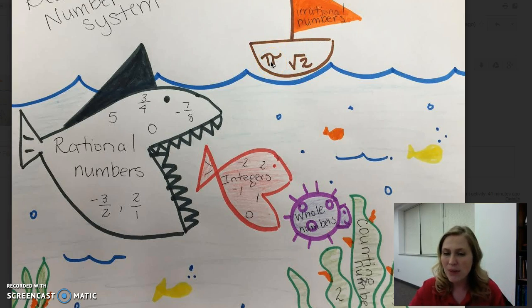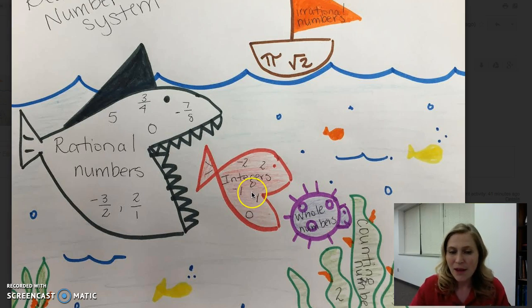Another idea might be something like create a city, and you can have a person be a counting number. And then that person lives in a house, and the house is the whole numbers. So the house also has a window maybe that's a 0. And then the house lives in a neighborhood, so you would have all of your houses maybe with addresses that were positive and negative integers.